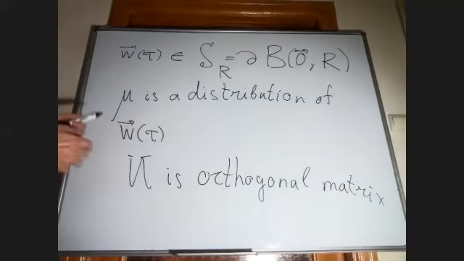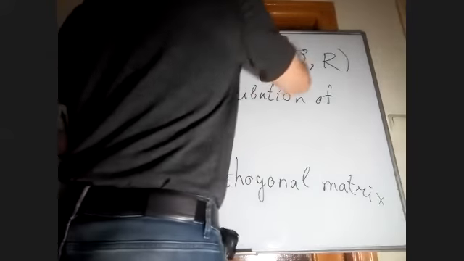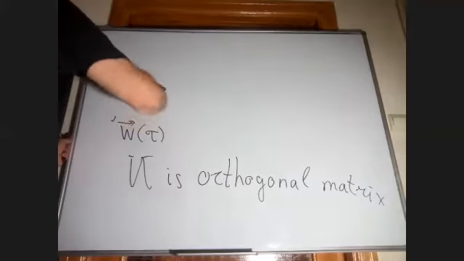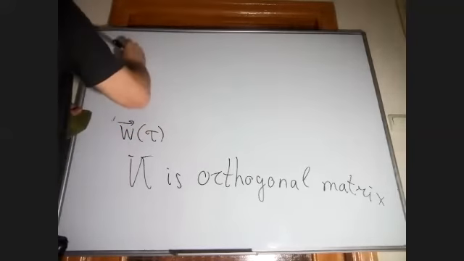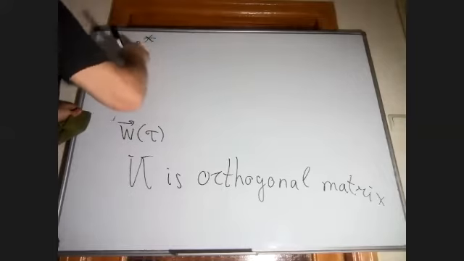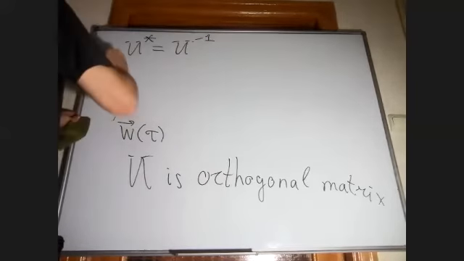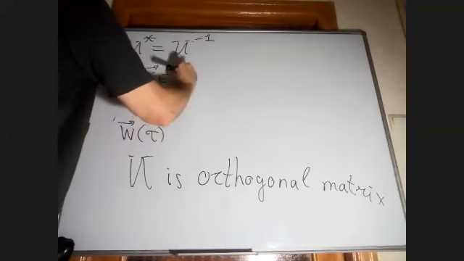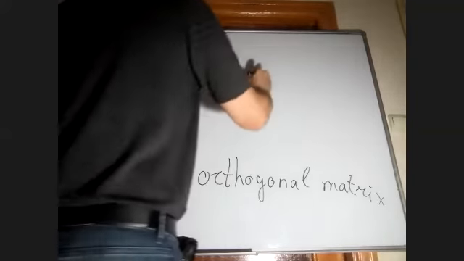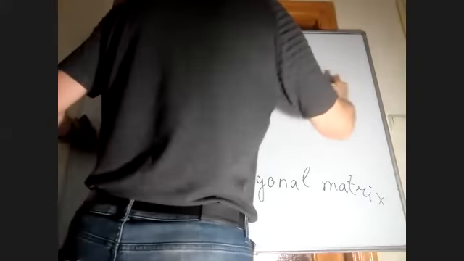It means that U keeps the norm of the vectors. From the other side, it can be algebraically expressed as follows: U star is equal to U minus 1. And it is known that for all x from R^d, Ux has the same norm as x.